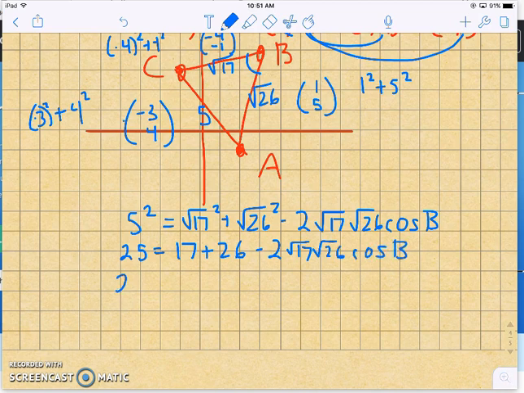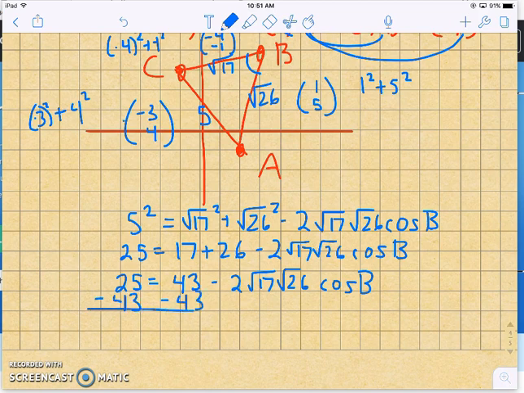Again, we just combine those first two together. So 17 plus 26, 43. Minus 43. So 25 minus 43, -18.